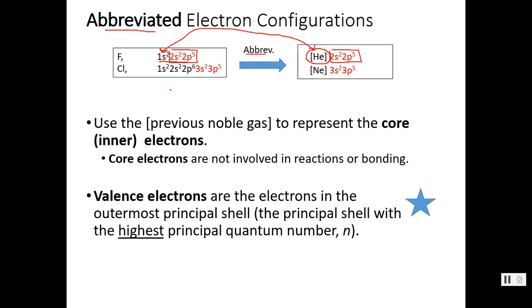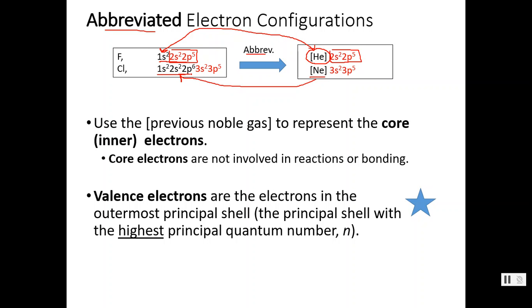If I was to write the abbreviated electron configuration for chlorine, what is the closest previous noble gas? The closest previous noble gas is neon. When you put neon in brackets, that is the same as saying 1s2, 2s2, 2p6 in the full electron configuration.